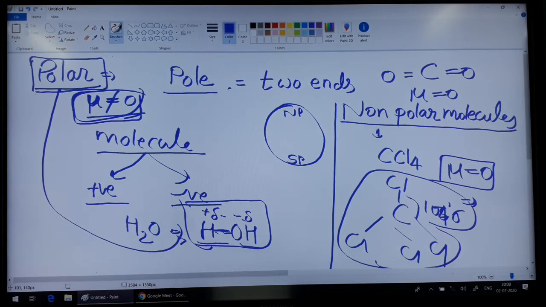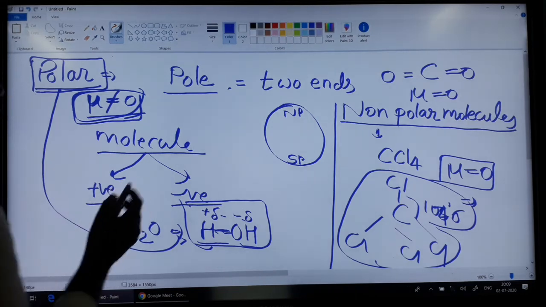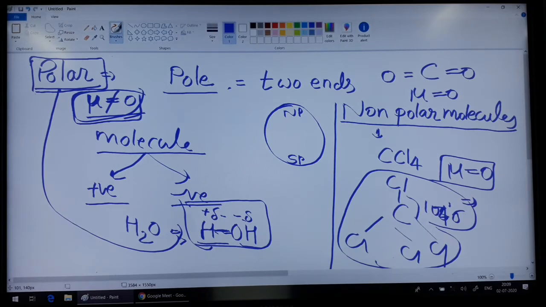So this is the important statement of polar and non-polar, or like dissolves like.